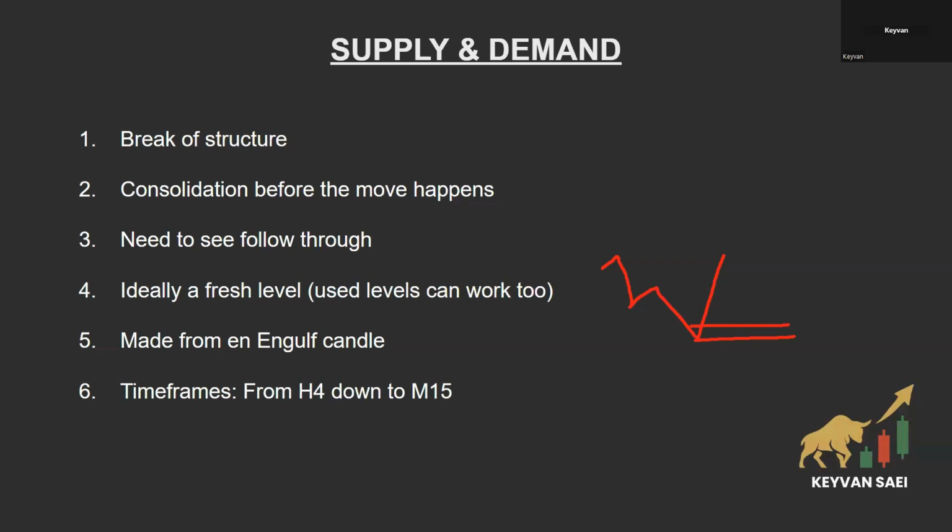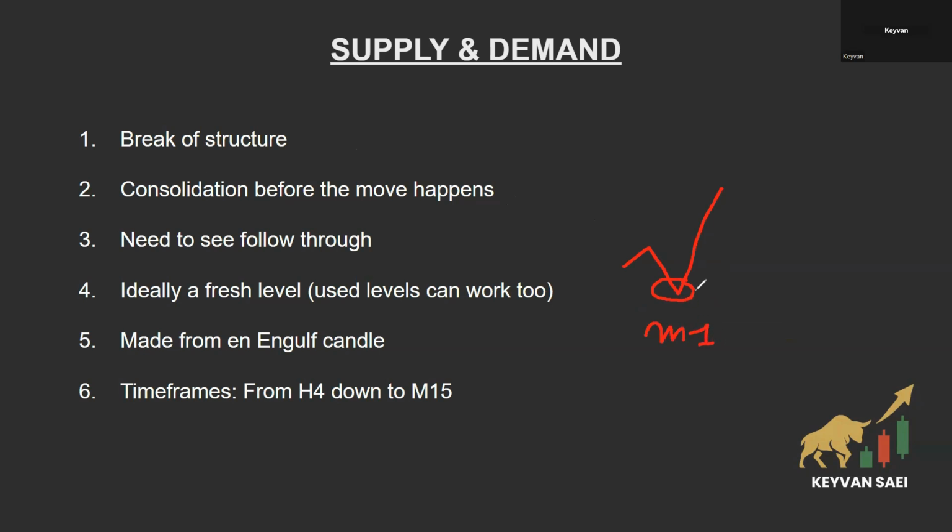Then the next one would be a consolidation before the move happens. This is usually on a very low time frame, usually the M1, sometimes the M5. Let's say we have a demand zone, and we know it has done a break of structure. Before the move actually happens, we need to see some consolidation on the lower time frame, on the M1.